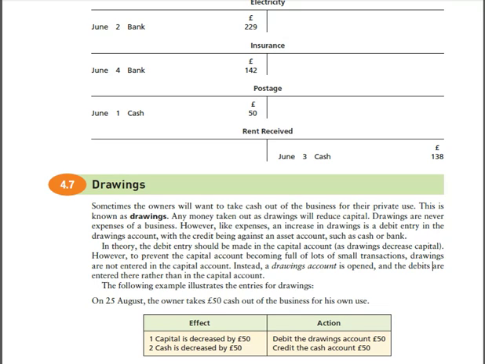There might be times where the owner would want to remove part of the money from the business to cover his day-to-day expenses. Drawings could be in the form of removing a cash lump sum from the business or taking actual goods which the business would generally sell. That is drawings.